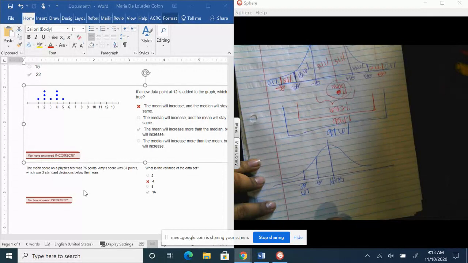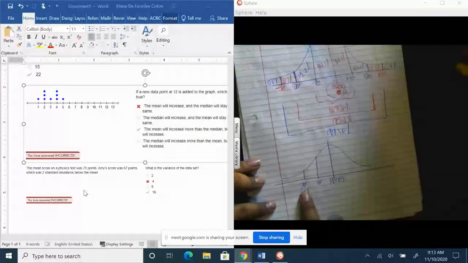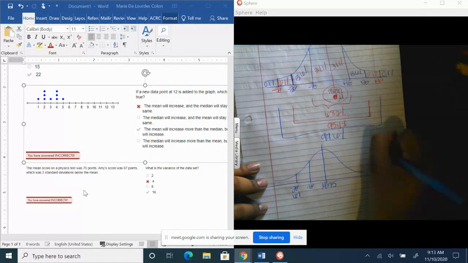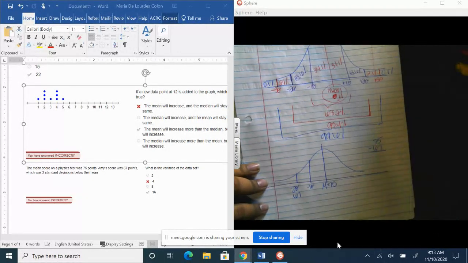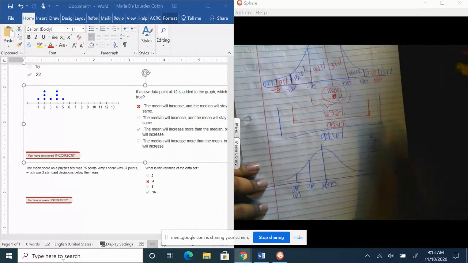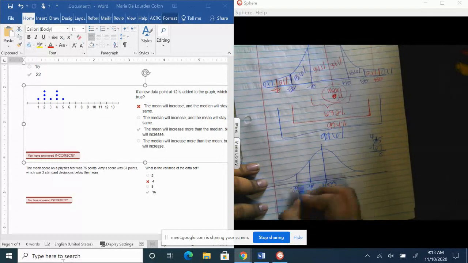So from 75 to 67, let's find the difference. So 75 minus 67, how far apart are they? I need to borrow from the 7, make it a 6 in order to be able to subtract. 15 minus the 7, we have 8, meaning that each of these is 4.